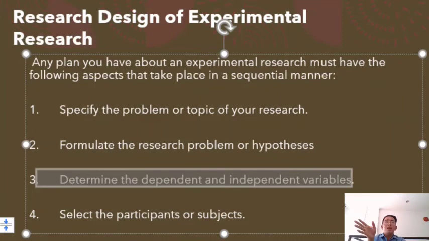So that's dependent and independent variable. Then select the participants, your subjects or your respondents. So as you can see, it's a research design. It's very specific. It's systematic. That's why research is systematic and scientific.